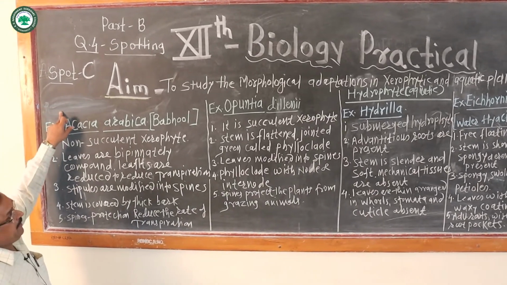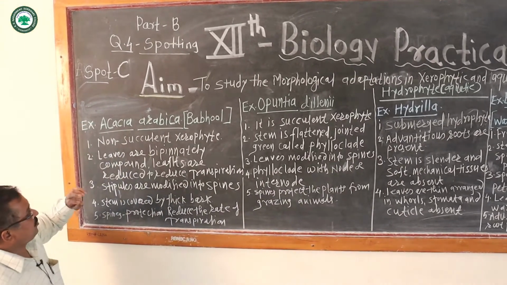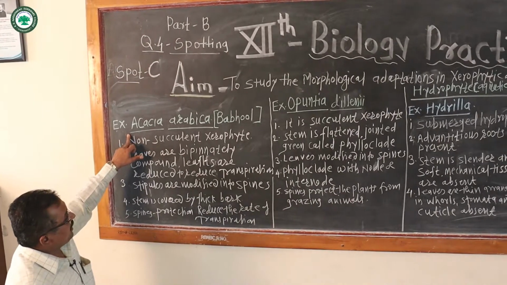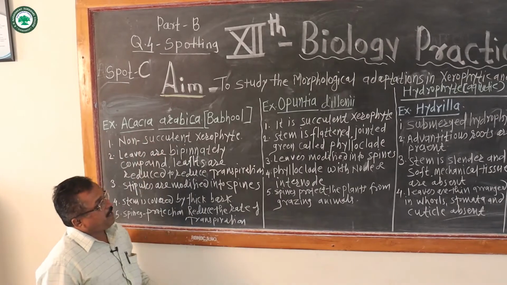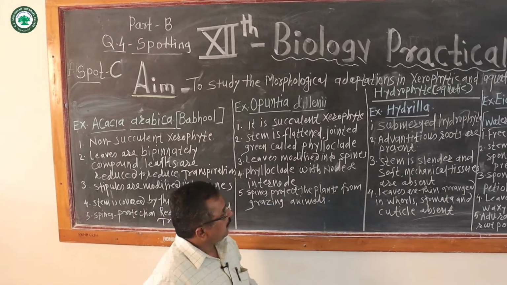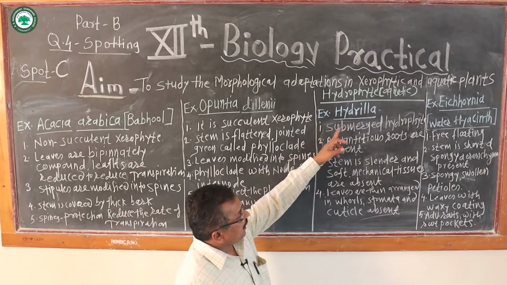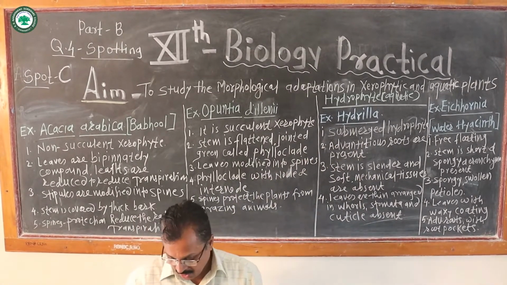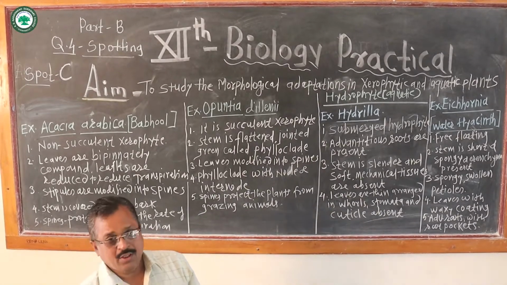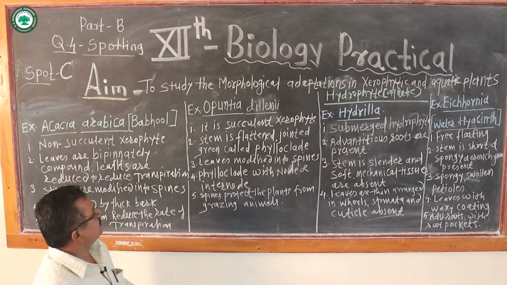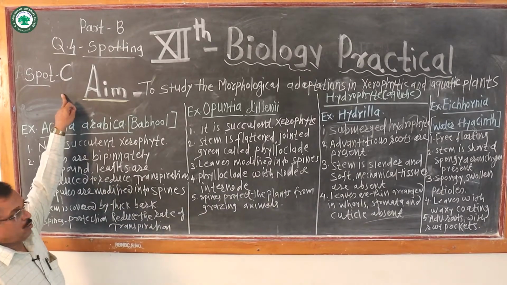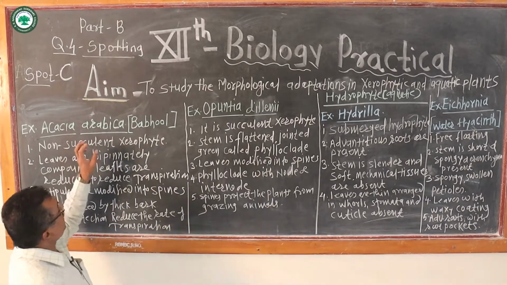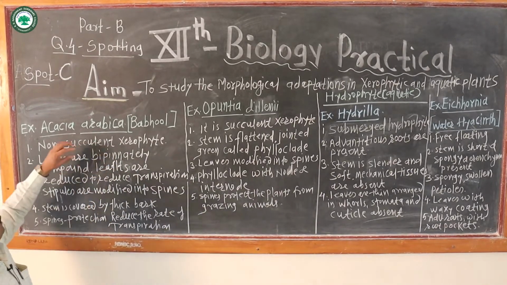First, xerophytic plants, for example Acacia arabica and Opuntia; and hydrophytes, Hydrilla and Eichhornia. Out of these 4 examples, we will ask one as a C spot for 1 mark, to identify this spot and give reasons why this specimen is that.